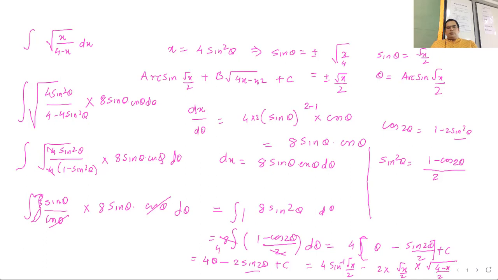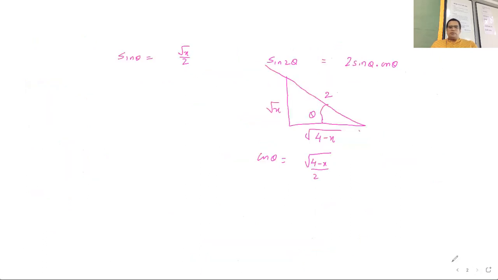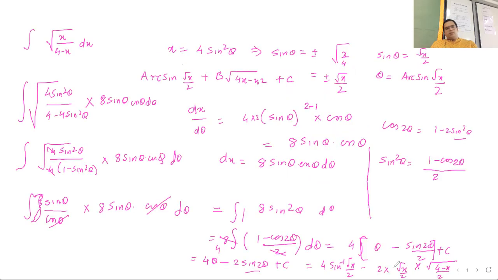So the important thing here is root of 4 minus x upon 2 is cos theta. Now if you simplify, this 2 and 2 get cancelled, and if you take it inside the root, my final answer is going to be 4 sine inverse root x upon 2 minus root of 4x minus x square over 2 plus c.